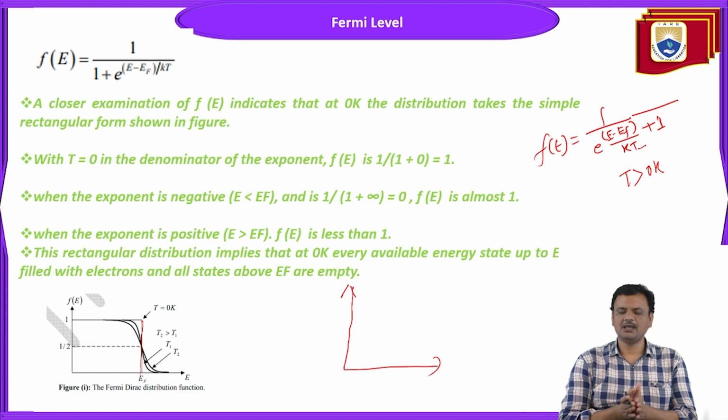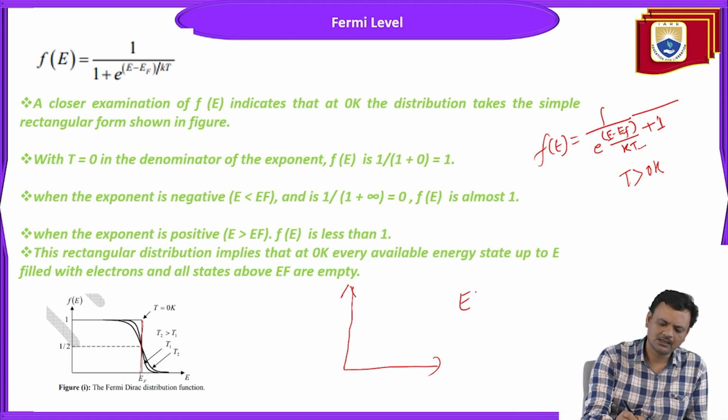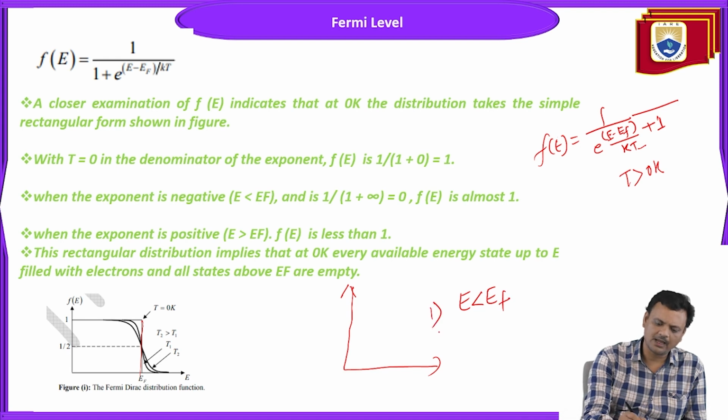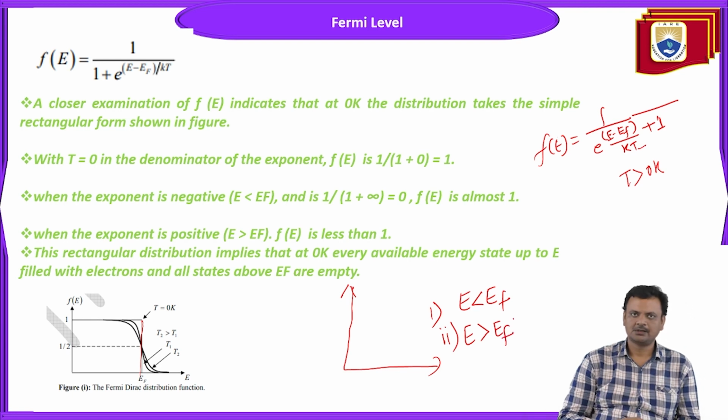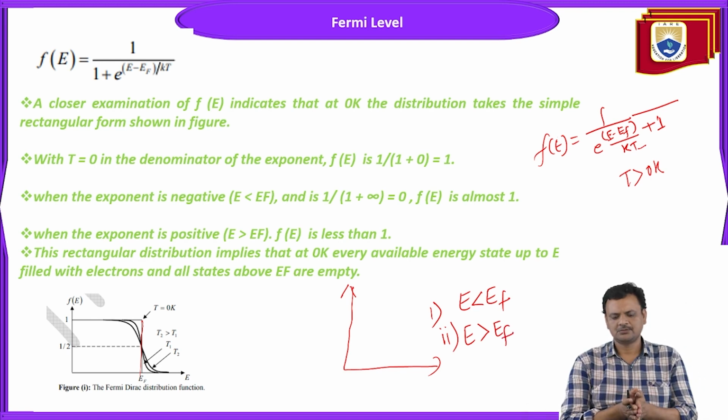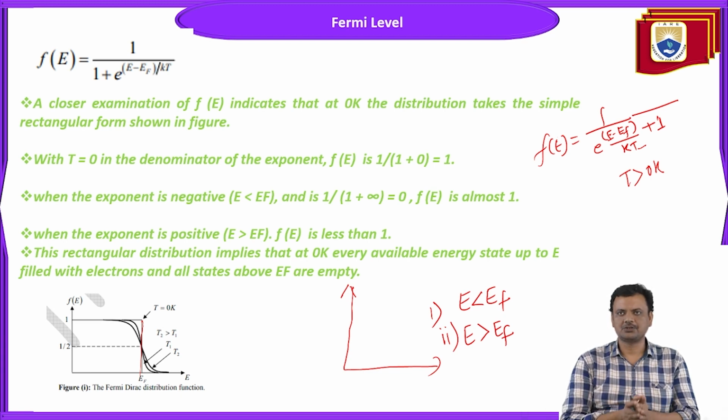So T is now greater than 0 Kelvin. There are two cases. One is for E less than EF, and the second case is E greater than EF. Now T is not absolute 0 Kelvin; T is something higher than 0 Kelvin.